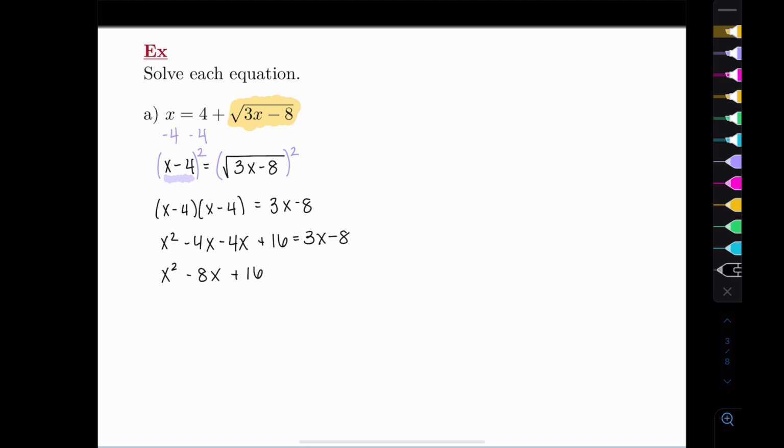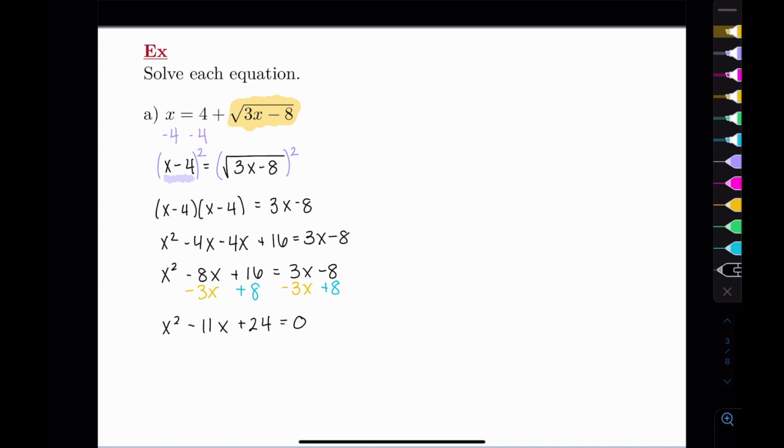So combining those x terms gives us negative 8x in the middle. And now we've got to get everything to one side, so we'll go ahead and subtract 3x, and then we'll also add 8 simultaneously. So this leaves us with x squared minus 11x plus 24 equals 0.